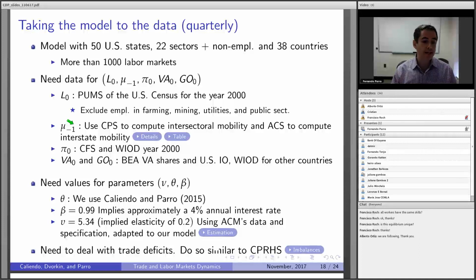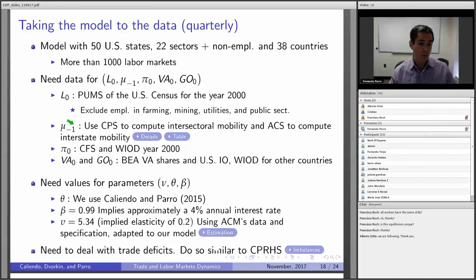For the case of the United States, since we have 50 US states and 22 sectors, and a labor market is a combination of a sector and a US state, for instance, computers and electronics in California, we're going to have more than 1,000 labor markets. So to compute the model, as I explained in the solution method, we already identified the China shock.